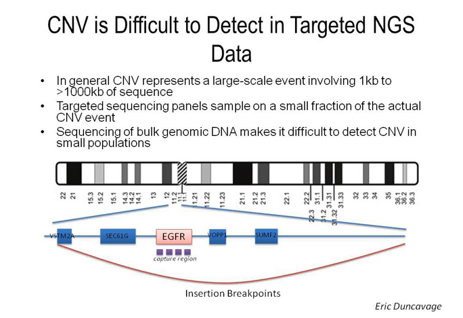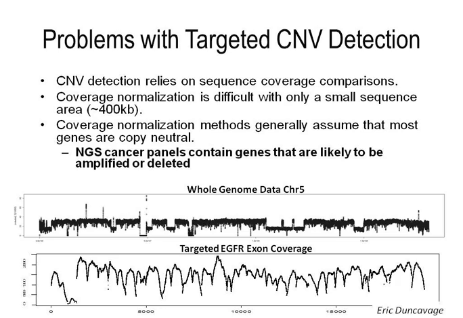And sequencing of bulk genomic DNA makes it very difficult to detect CNV in small populations. We have to normalize the coverage, and the panels contain genes that are likely to be amplified or deleted. So if it's not a straightforward diploid genome, it is not very easy to detect copy number variation in a targeted NGS panel.